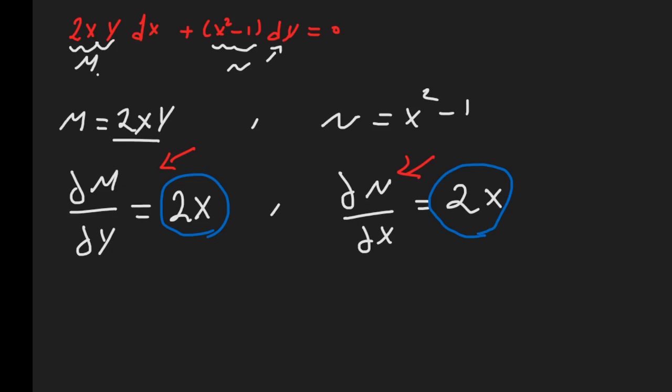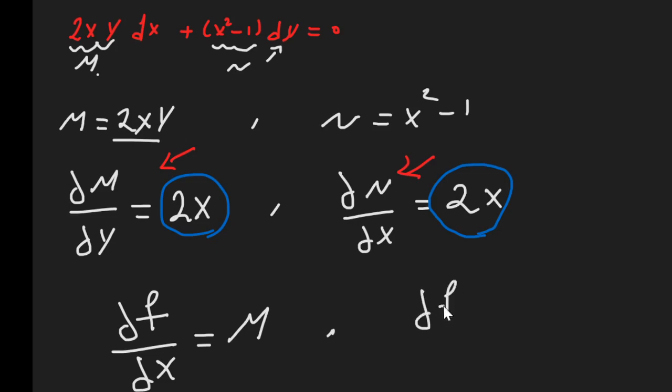The first step you need to do is to say that I will have df divided by dx, and I will set this equal to m, and I will have df divided by dy, and I will set this equal to n.